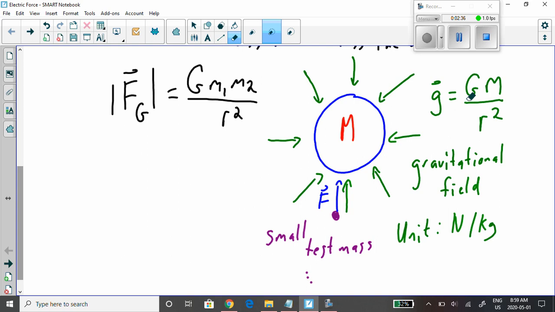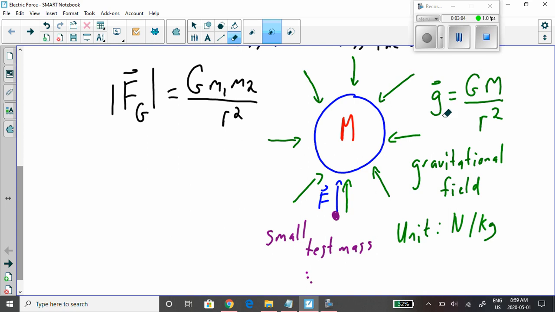So this gravitational field is different than gravitational force, right? Different equation, different concept. And it says that around any object, because that object has mass, let's say its mass is big M, all right? Around it, beyond its physical limits, out here, there is a field, which we call gravitational field. And here's the equation for it.